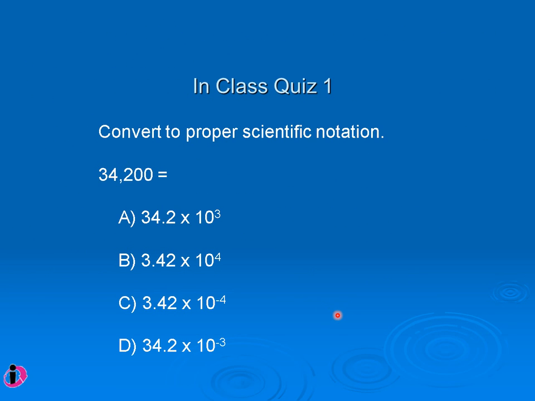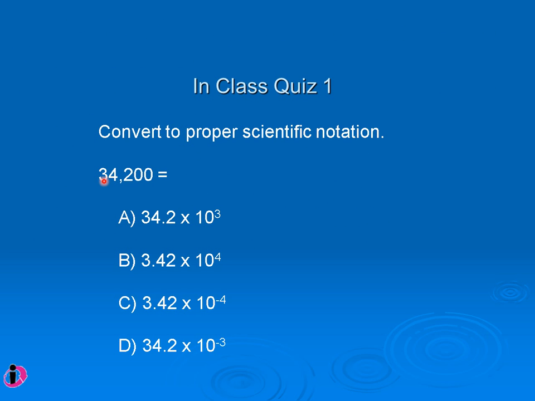Now let's see whether we understand some of these examples. We'll give you a number and we'll ask you to write the same number in proper scientific notation. Proper means the decimal point is placed just right after the first significant digit. So what will be the proper one?